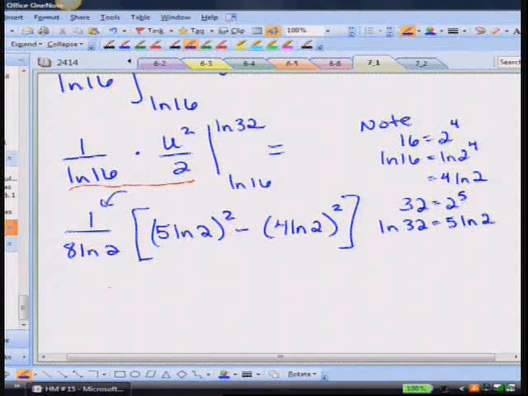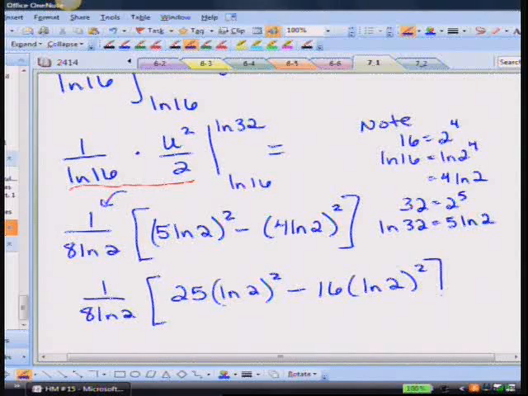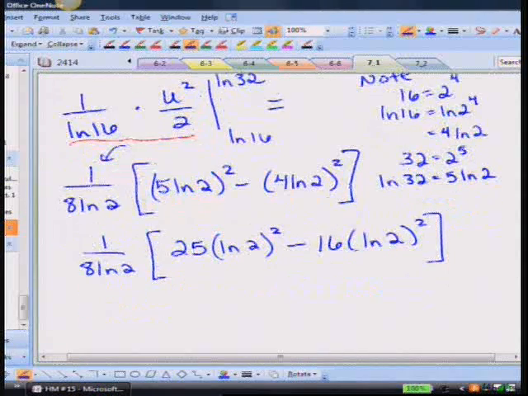And so this is 1 over 8 ln 2 times. 5 squared is 25. So this is 25 ln 2 squared minus 16 ln 2 squared. These are the same animal, ln 2 squared and ln 2 squared.